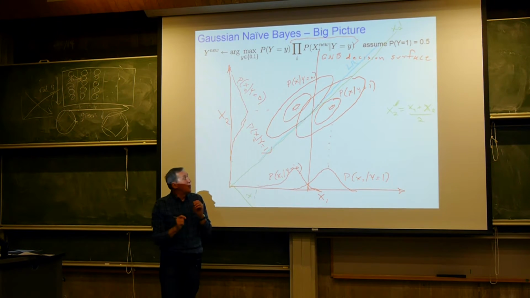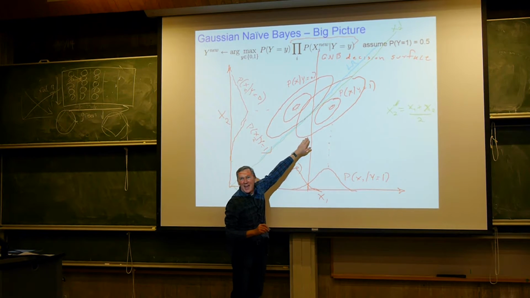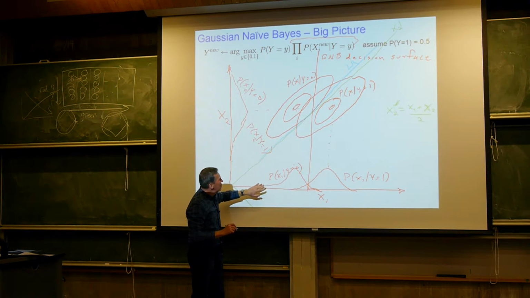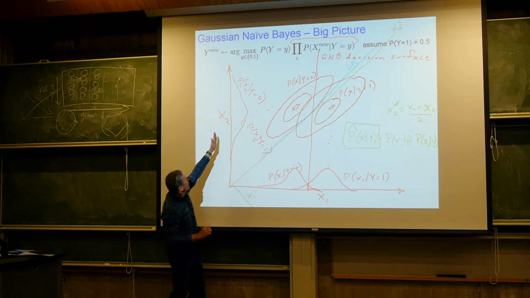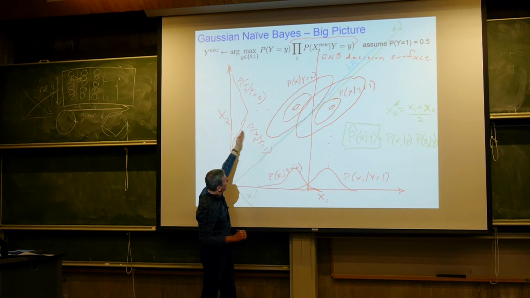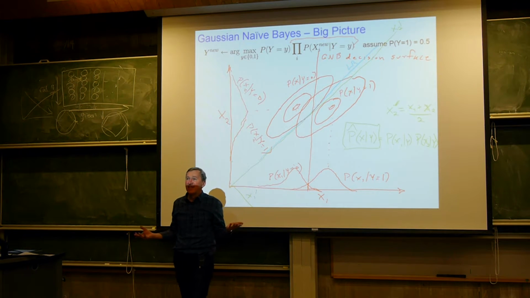The real ones won't be axis aligned, but the ones that you compute by saying p hat of x given y is p of x1 given y times p of x2 given y, this joint distribution, which will be the product of these two distributions, will be axis aligned.